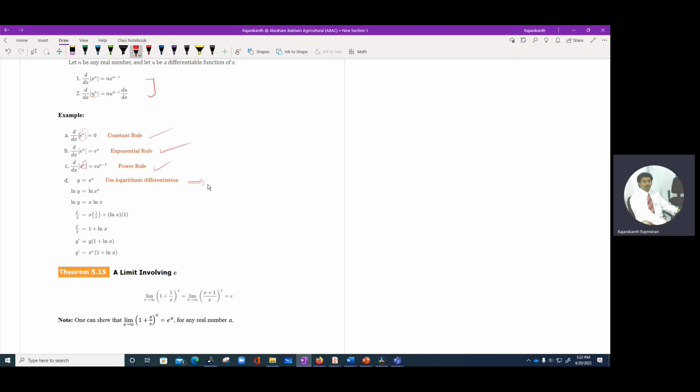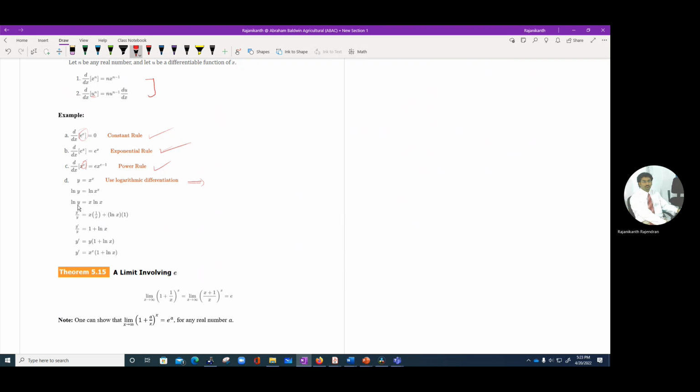Now, this problem: could you find the derivative of y using logarithmic differentiation? Logarithmic differentiation means you have to take the log of both sides before getting into the derivative. So take the natural log, ln, of both sides. Then remember, the question was finding y prime, right?